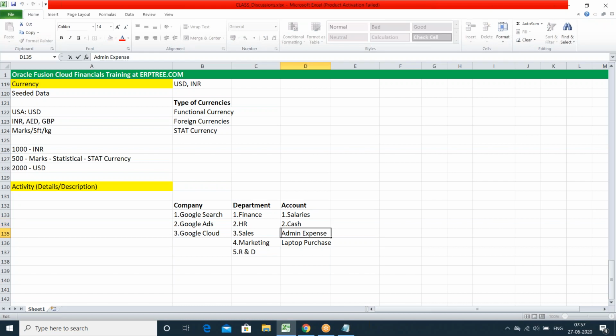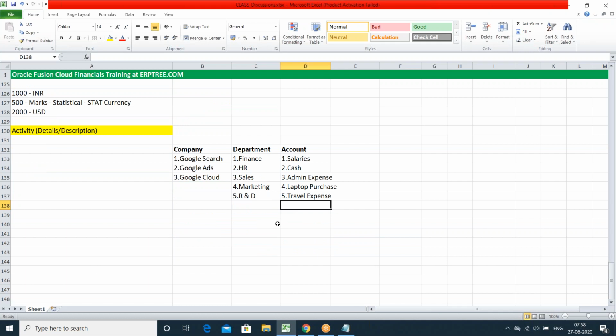For our understanding and discussion, I am taking only a few accounts. In reality, every company maintains accounts in hundreds, thousands and lakhs if required, based on their operations. Say some travel expense, or accommodation expense, travel expense. N number of accounts.